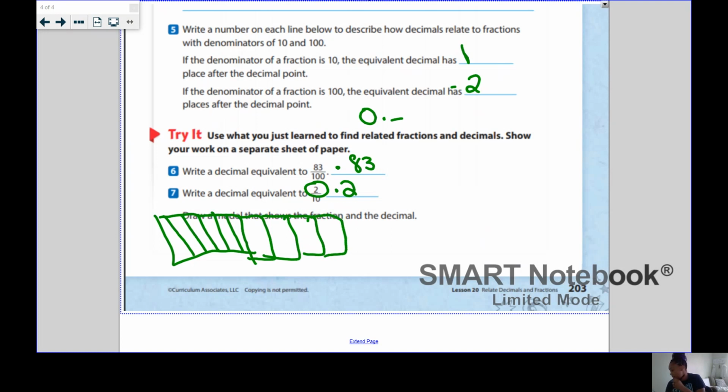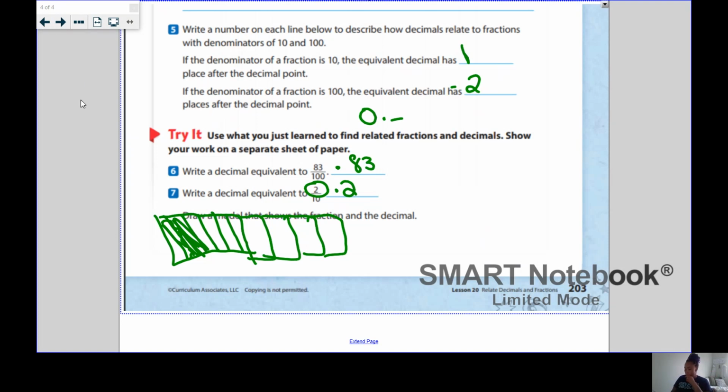How many should I shade in? 2. So therefore, we're only doing the drawing for number 7. So this is what you should have right here.